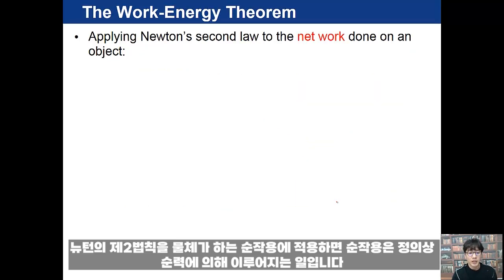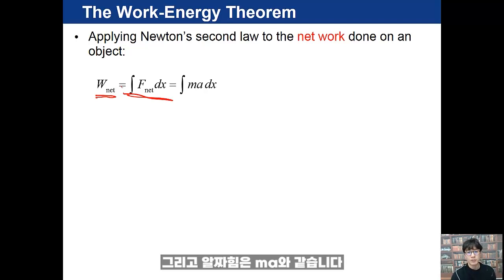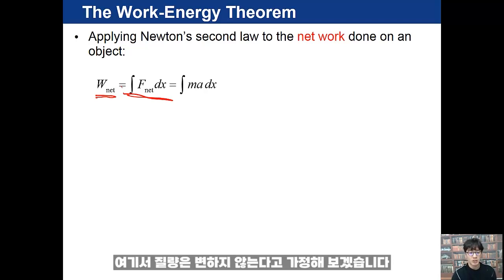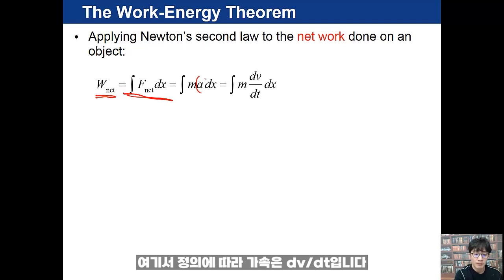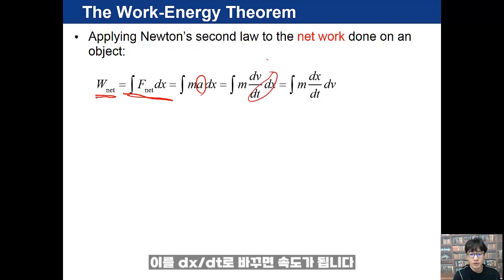Okay. If I apply Newton's second law to the net work done on an object, net work is, by definition, the work done by the net force, and net force is equal to ma. Let's assume the mass doesn't change here. By definition, acceleration is dv/dt, and if you switch this, dx/dt is velocity.